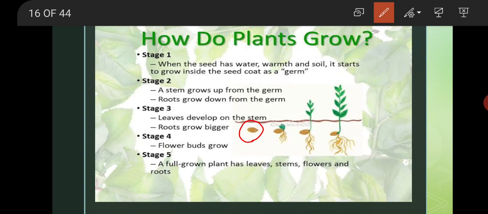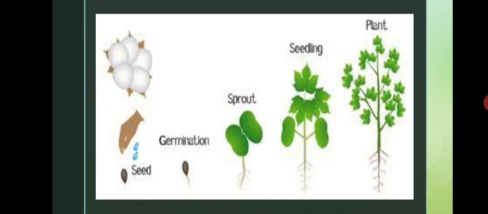Second stage, a stem grows up from the germ and roots grow down from the germ. Stage 3, leaves develop on the stem and roots grow bigger. Stage 4, flower buds grow. Stage 5, a full grown plant has leaves, stems, flowers and roots.